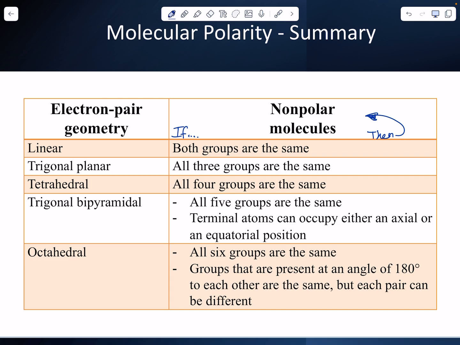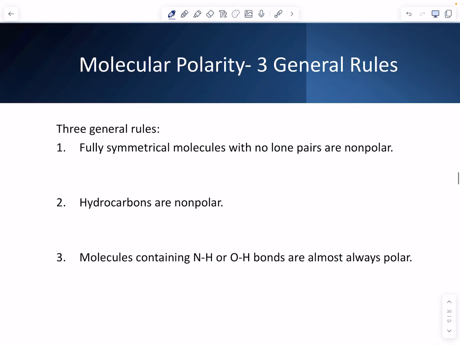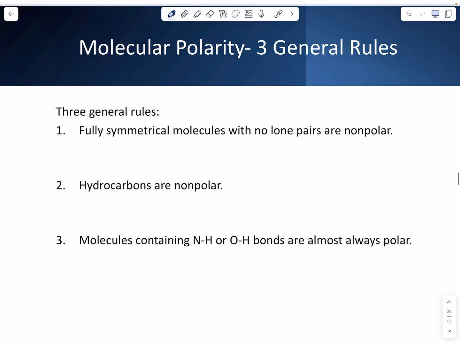Okay, so that's an easy way to spot something that's nonpolar. All right, so general rules, if we have lots of symmetry, so if you're looking at things from different angles, it looks the same, that would be a symmetrical molecule. If we have a symmetrical molecule and no lone pairs, that's going to be nonpolar, okay.